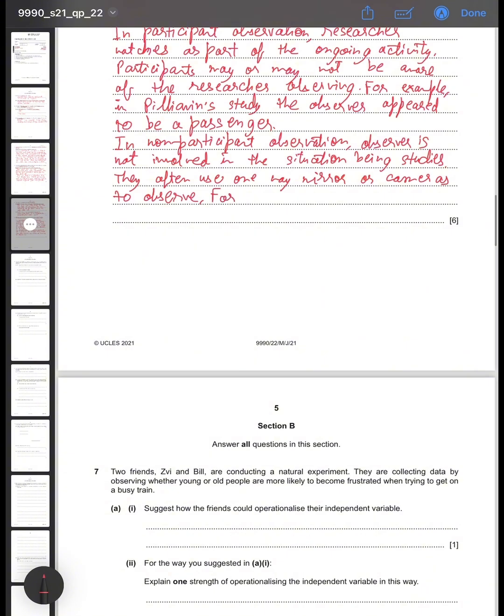Now, for example, Bandura et al. used a one-way mirror to observe the children.